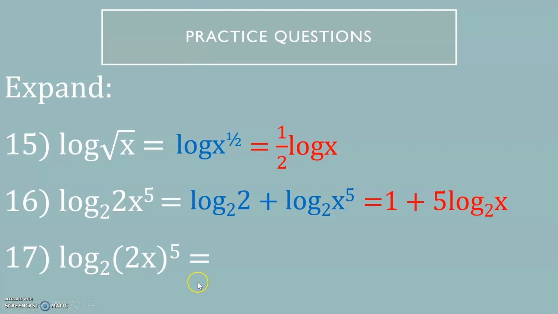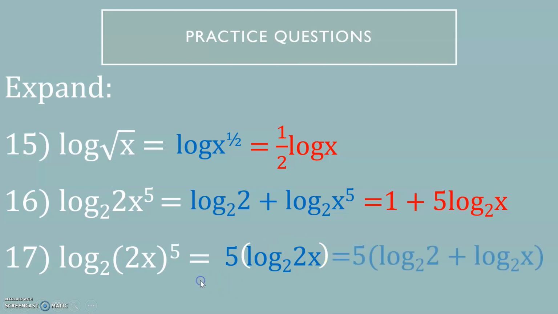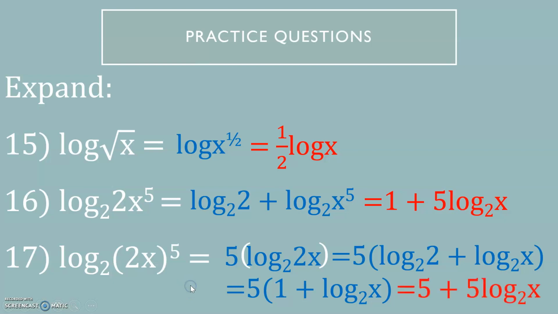So I'm going to take care of that exponent first by writing it as a coefficient. Then for my next step, I have to realize that when I expand, the entire expansion gets multiplied by 5. We can simplify log base 2 of 2 and distribute the 5. So notice the difference parentheses made.